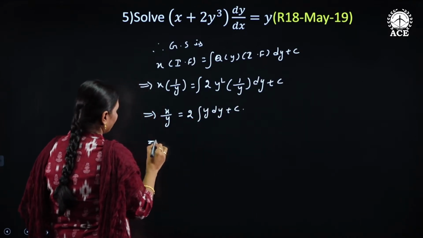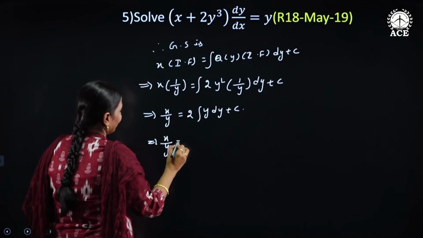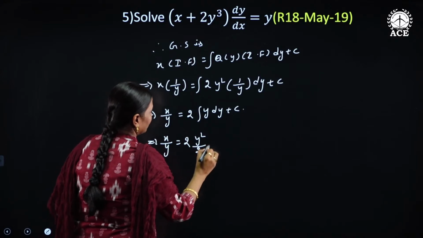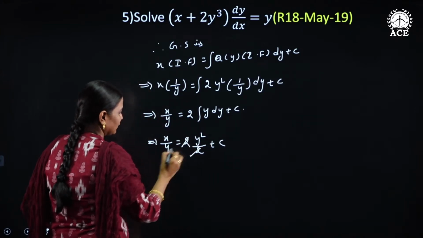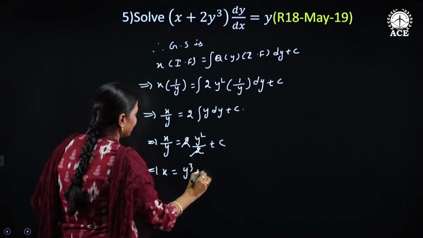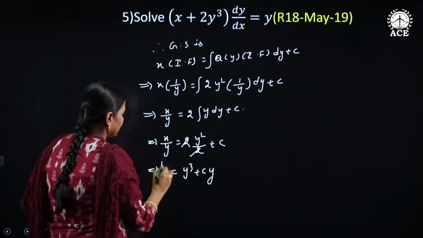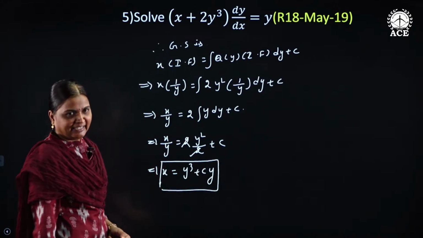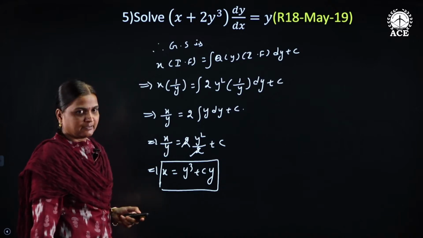What is the integration of y? y square by 2. So x by y is equal to 2 into y square by 2 plus c. Now cancel 2, that implies x is equal to y cube plus cy, which is the required general solution of the given linear differential equation. This is the procedure.